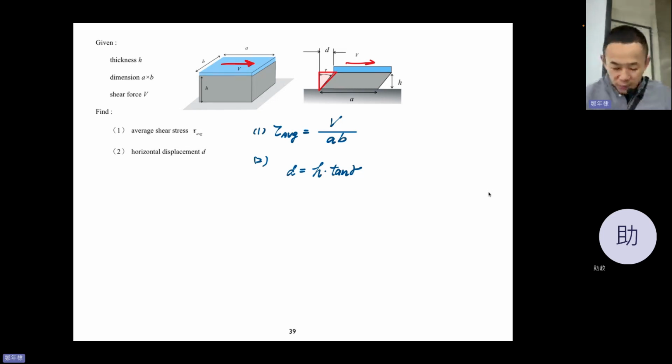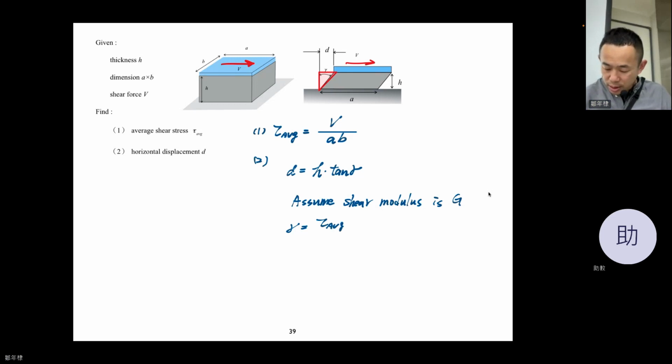But if we assume shear modulus is G, then our gamma can be tau average divided by G, right?